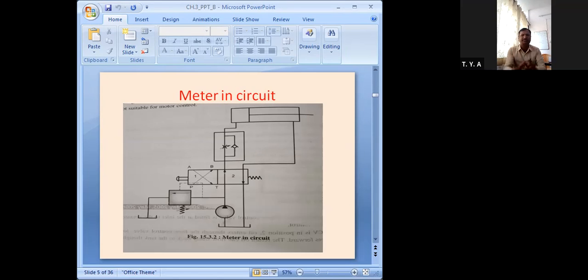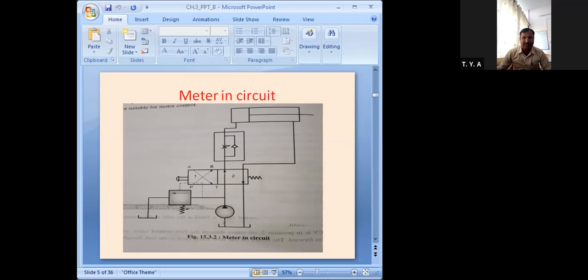In this metering type of speed control circuit, the flow control valve is located in the line leading to the inlet port of the cylinder.